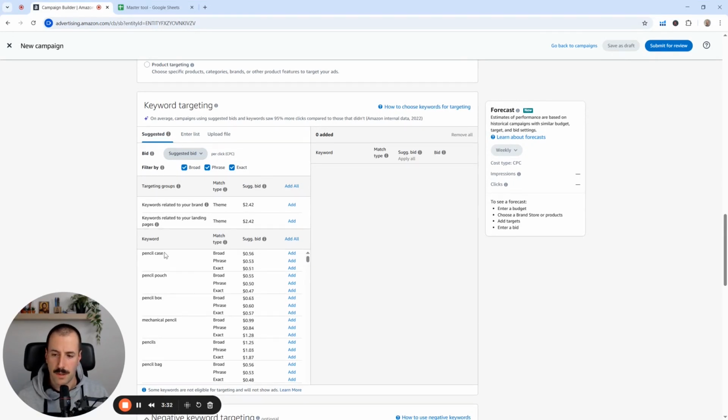Here you can see, for example, that for each keyword, because I enabled all three filters, if you exclude broad, then you will not see the broad suggested bid here, and the same goes for the others. I like to watch what is offered here. This is typically sorted by the number of orders that a certain keyword is accumulating over a period of time.